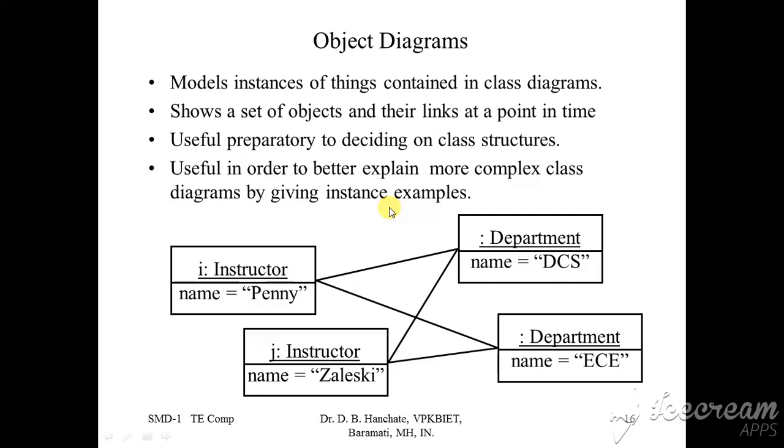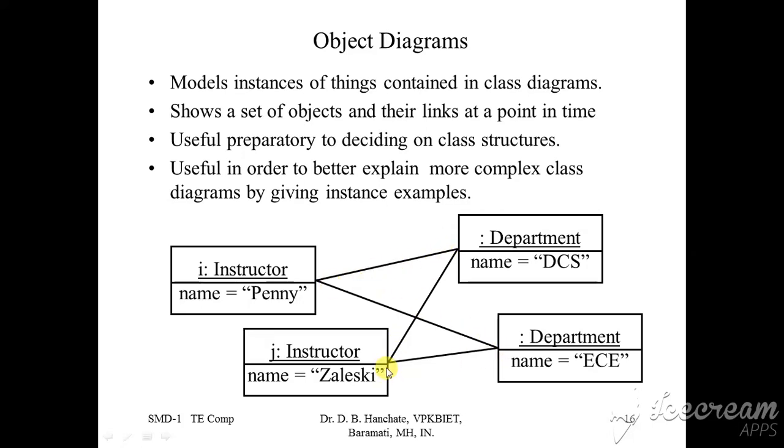We will see now the diagram which we have already seen in the last lecture. These are the names of the instructors. Now there is an object called the instructor object, and i is a variable for that, called the instructor i. Name is Penny. Another name is Jelsky, and you can see the relations between these by the links shown here.